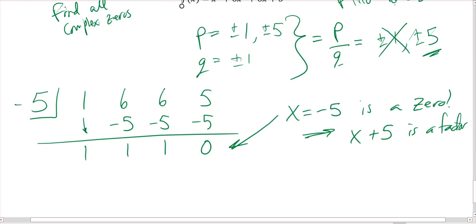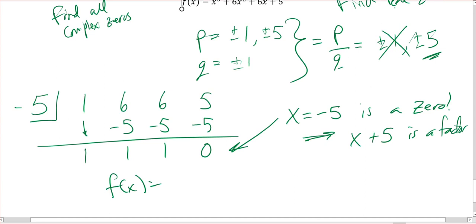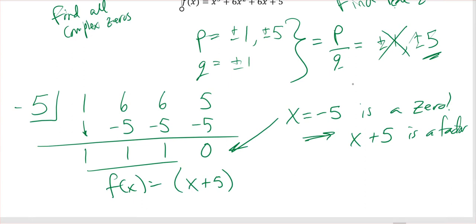We can take that and say my original polynomial, f, can be written as a product involving x plus 5 and the quotient that we found right here. That corresponds to a quadratic polynomial, x squared plus x plus 1.